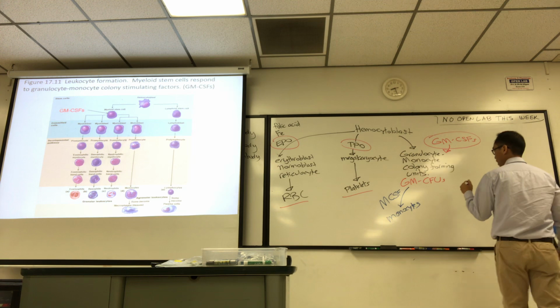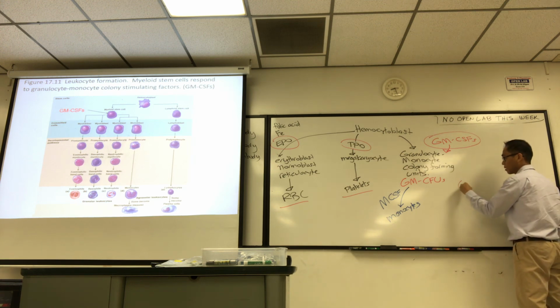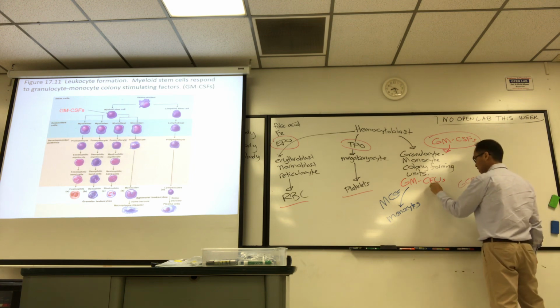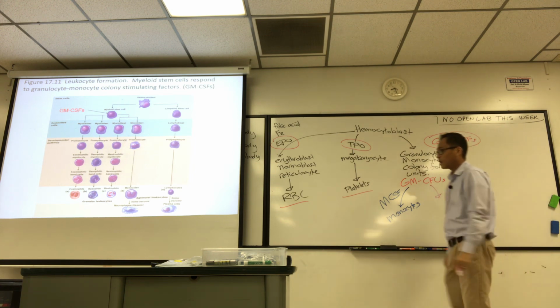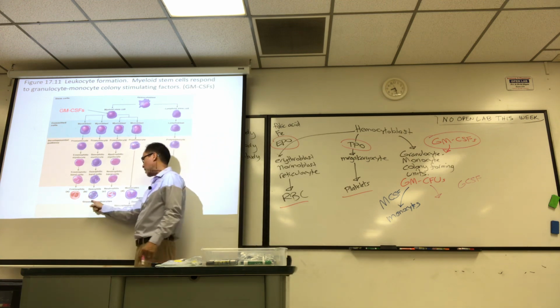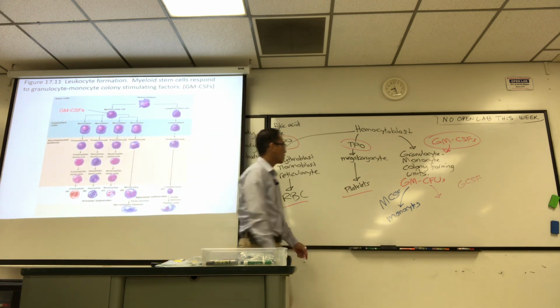And if there's a granulocyte colony stimulating factor, out of those GM-CFUs, you'll get your other three. The granulocytes include the eosinophils, the basophils, and the neutrophils.